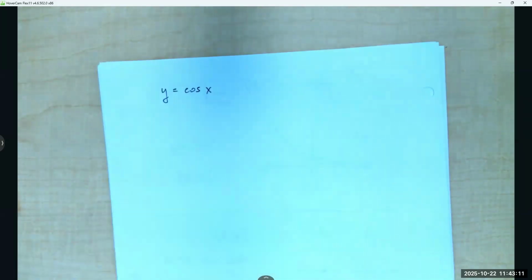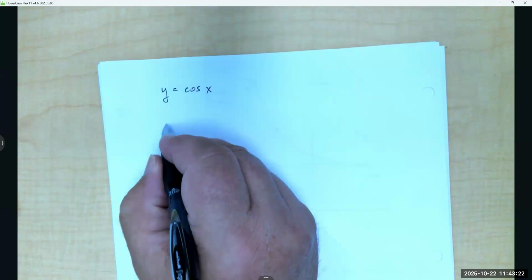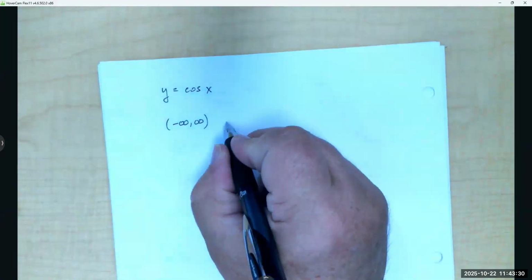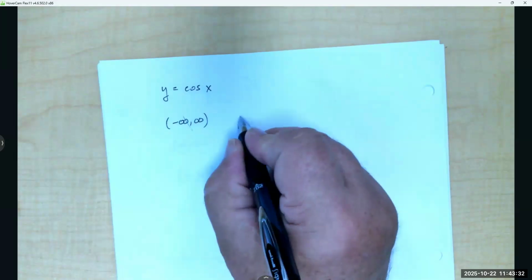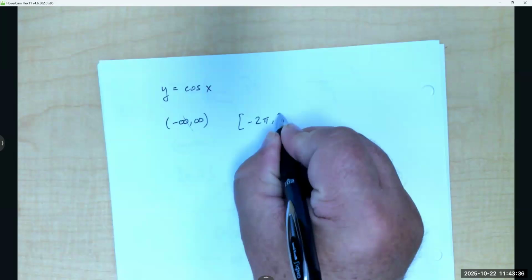Yes. But at the same time, no, because what's missing from that statement? Yeah, I don't have any endpoints. Right now, when I say cosine of x, what's my domain? Right. But if I say instead of this, I can't use that. Let's say I want from negative 2 pi to 2 pi.